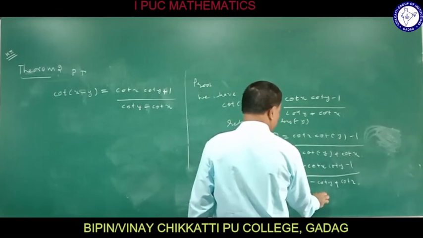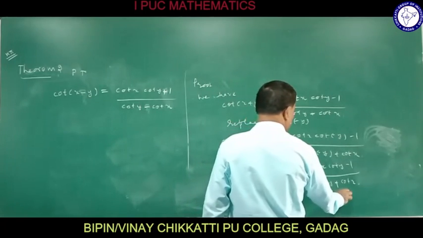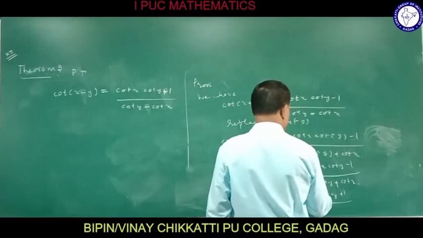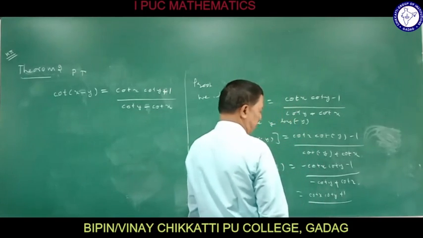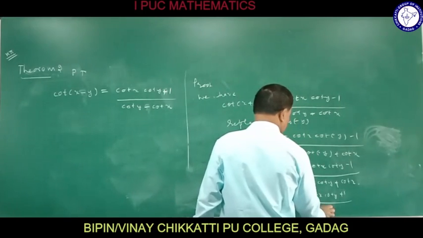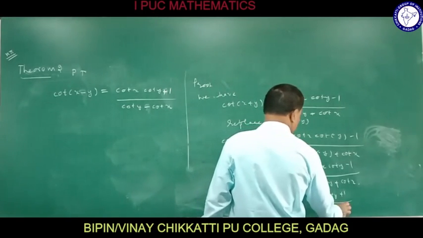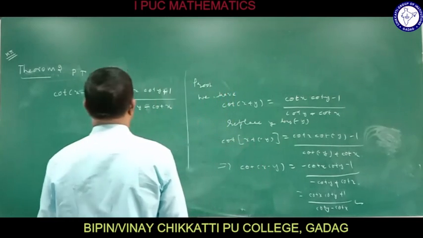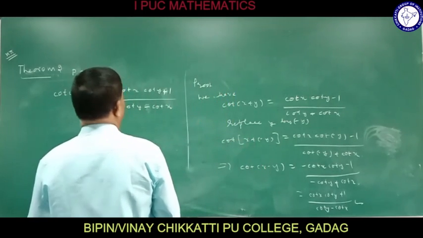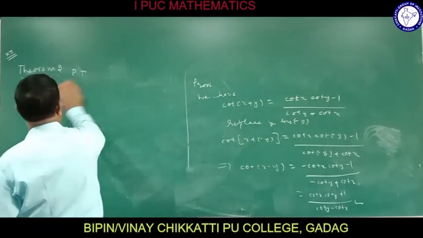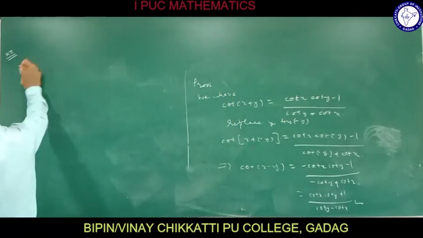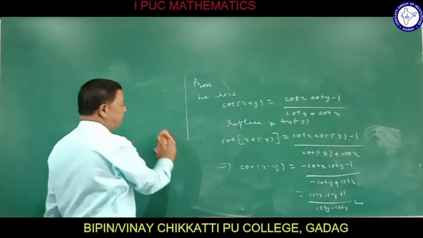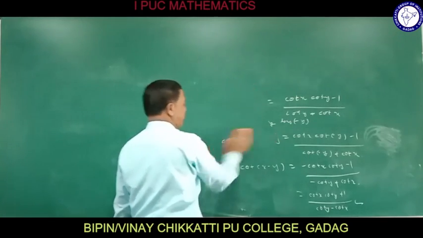So cot x cot y becomes plus 1, and the denominator becomes cot y minus cot x. So this is the result for cot of x minus y. These are the ways to prove the results, and accordingly we can go for it. I hope you understood the sum and difference of two angles.